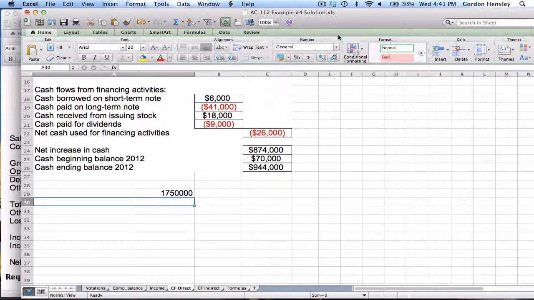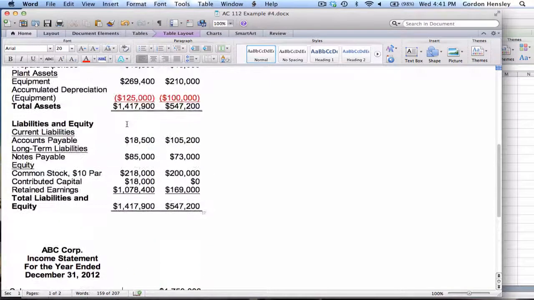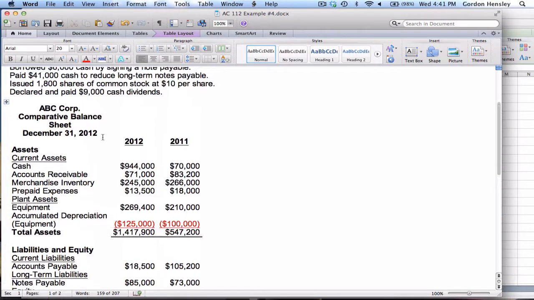So 1,750,000. Now the formula also said that I needed to look at my accounts receivable. Now that would be on my balance sheet. So the second asset on my balance sheet would be my accounts receivable. Now last year it was 83,200. This year it's 71,000.